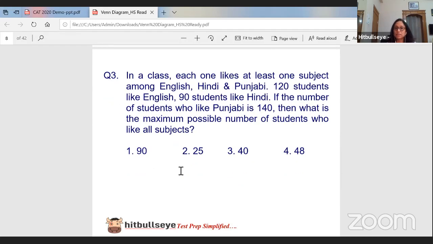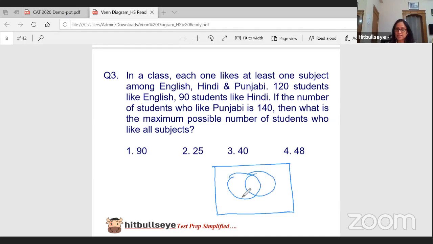In a class, each one likes at least one subject among English, Hindi, and Punjabi. So this question is of three dimension as we are talking about three subjects now. We are talking about English, Hindi, as well as Punjabi, right? The question says that there are 120 students who like English. So the total for English is 120.